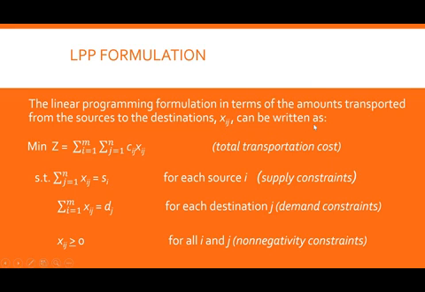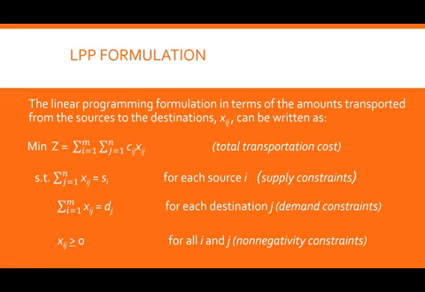So the linear programming formulation in terms of the amounts transported from the source to the destinations Xij can be written as, see, how do you decide the cost? It will be cost per unit into number of units that you are transporting. Fine. So that is what has been written here as our objective. The overall cost has to be minimized. So I am writing min. The objective function is normally denoted by z. So z equals double summation of Cij Xij.